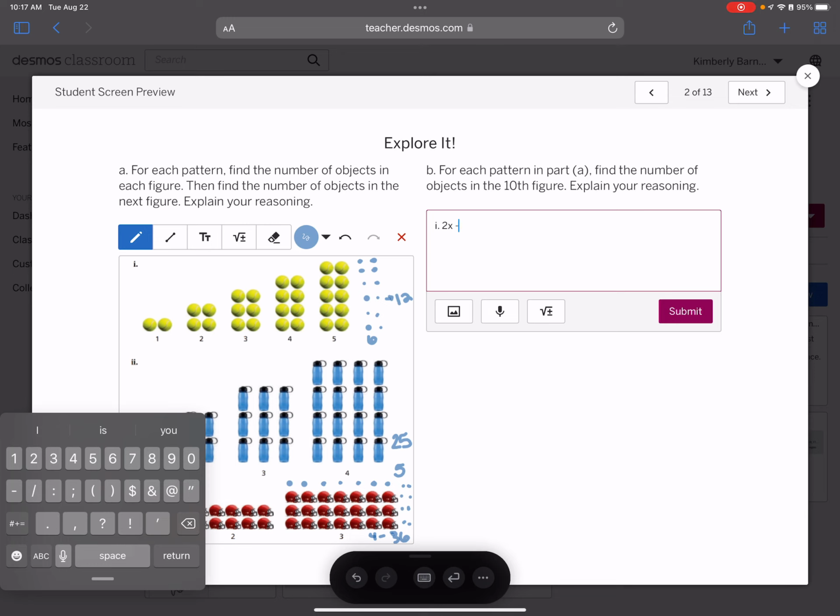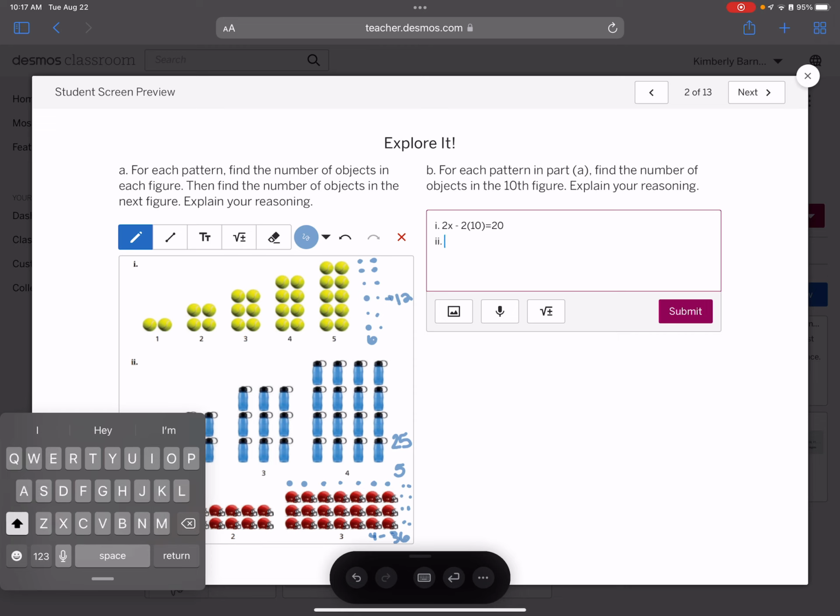So in the 10th position, I'm going to have 2 times 10, which equals 20.